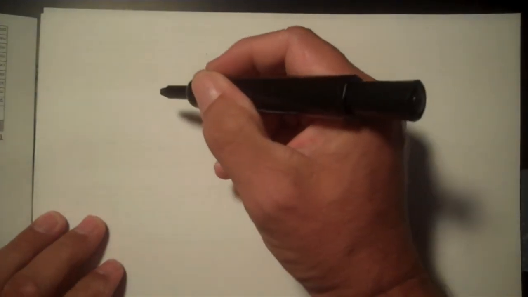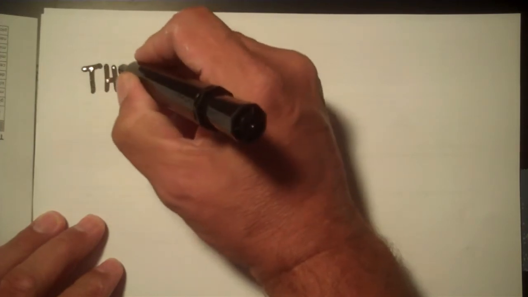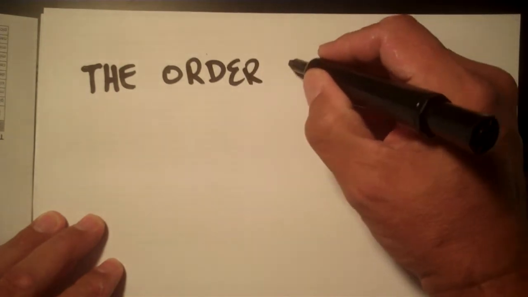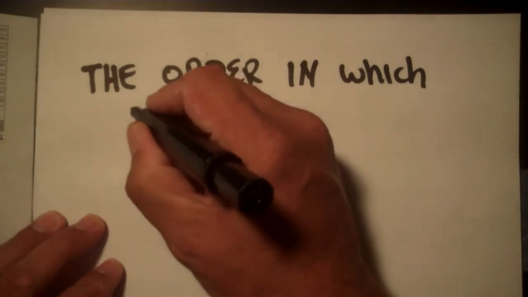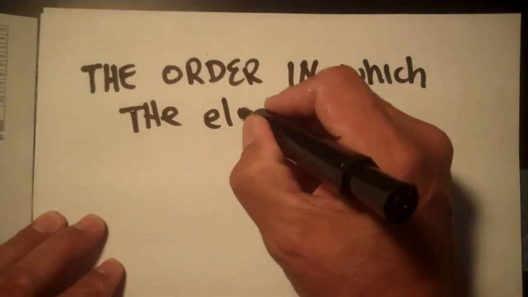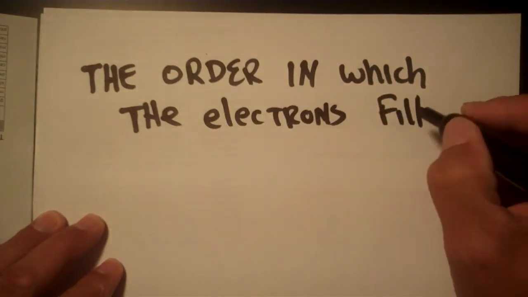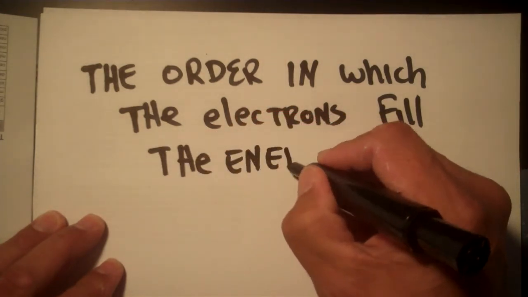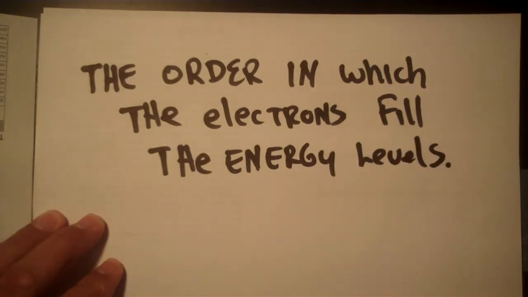The diagonal rule is simply the order in which the electrons fill the energy levels.